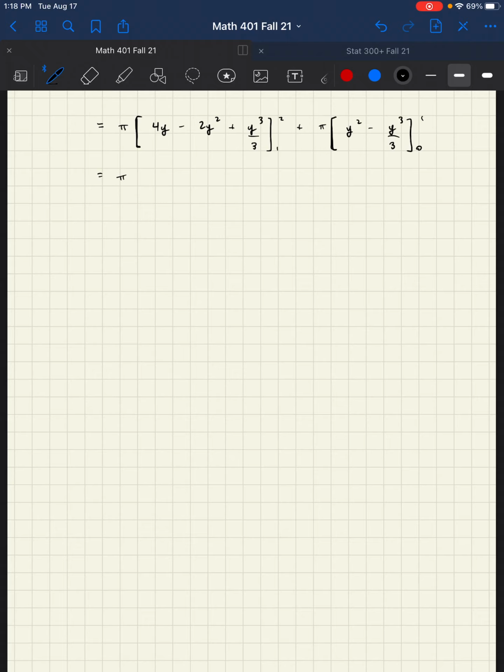So first things first, plug in 2 to the first expression. That's going to be 8 minus 8 plus 8 cubed, minus pi times (4 minus 2 plus 1/3), plus pi. Now I'm plugging in 1 into the next. I'm using FTC2 twice, basically.